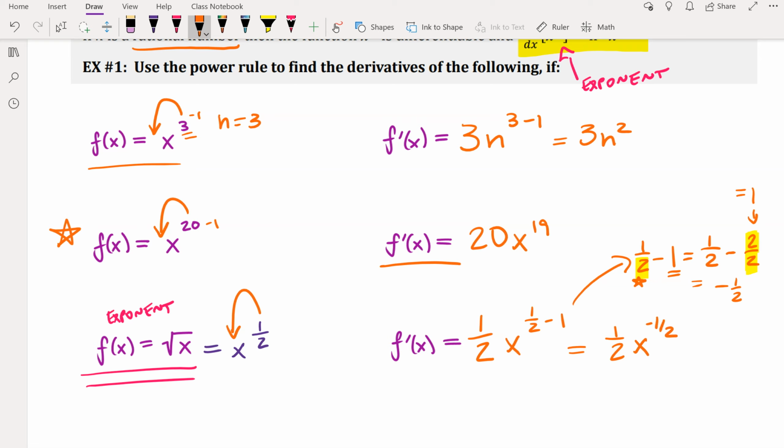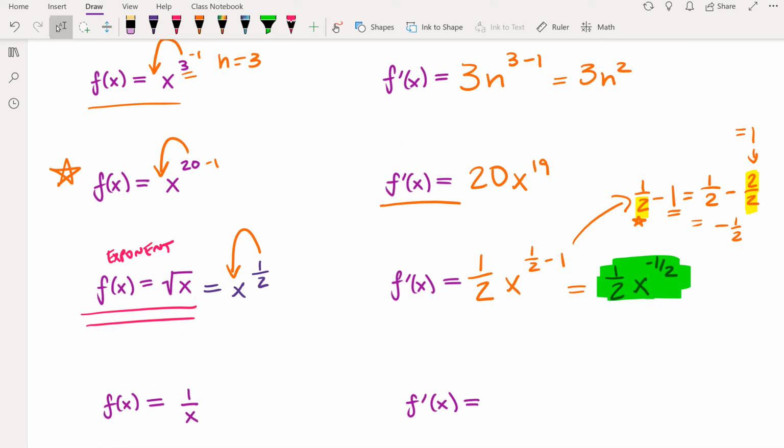All right, here's the thing. For multiple choice, we're going to have to know how to convert this answer back to square root form. So let's go through a reminder of how to do that. First of all, negative exponents force the term into the denominator.